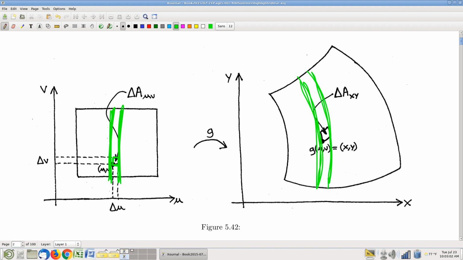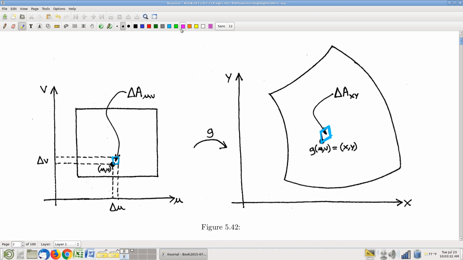They'd be curved and bent per the G function, and then likewise chops like that would have sort of curved chops over there. Roughly speaking, though, what's going to happen is a little rectangular piece is going to turn into, I'm going to say, roughly a parallelogram piece over here. These are not going to be the same size.